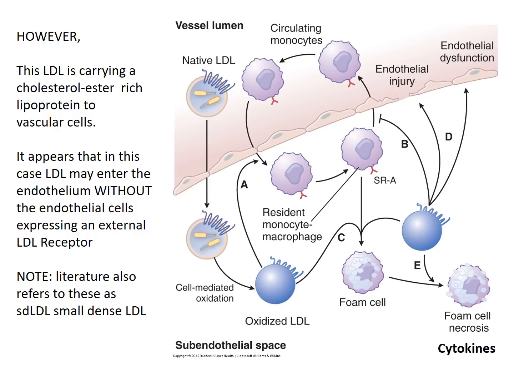phagocytic cells, particularly monocytes. Those phagocytic cells are going to gobble up the LDL, and as they gobble up the LDL, fats within the LDL are going to get oxidized. And remember, we talked about those foam cells.